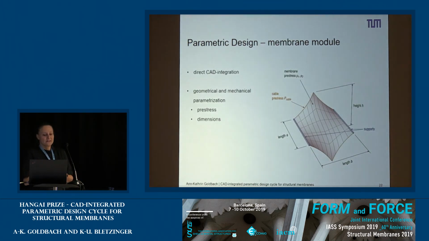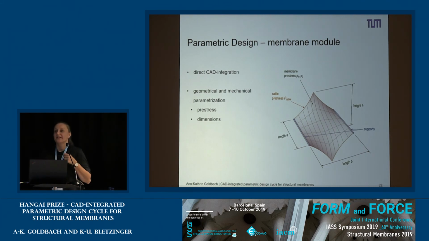And I used this as an example to show again the geometric parameters and also the mechanical parameters and how they have an influence, first of all, of course, on this small membrane module, but also how they change the large-scale appearance of the whole facade.